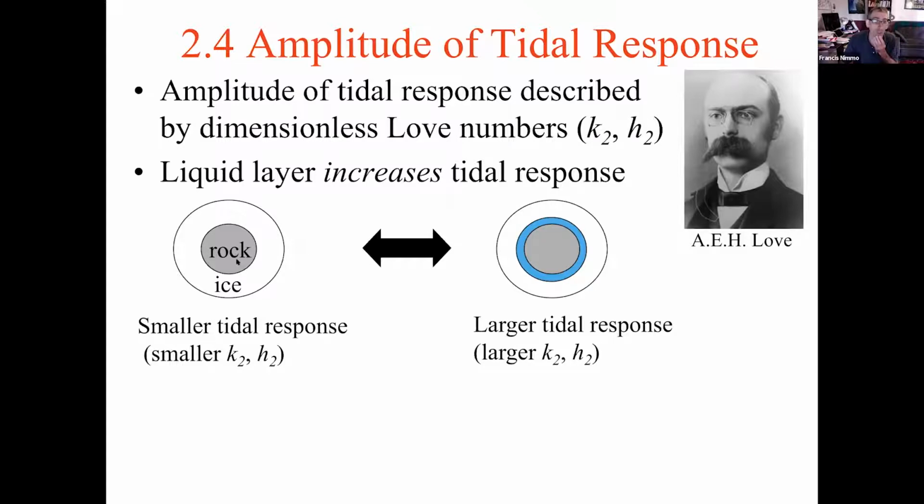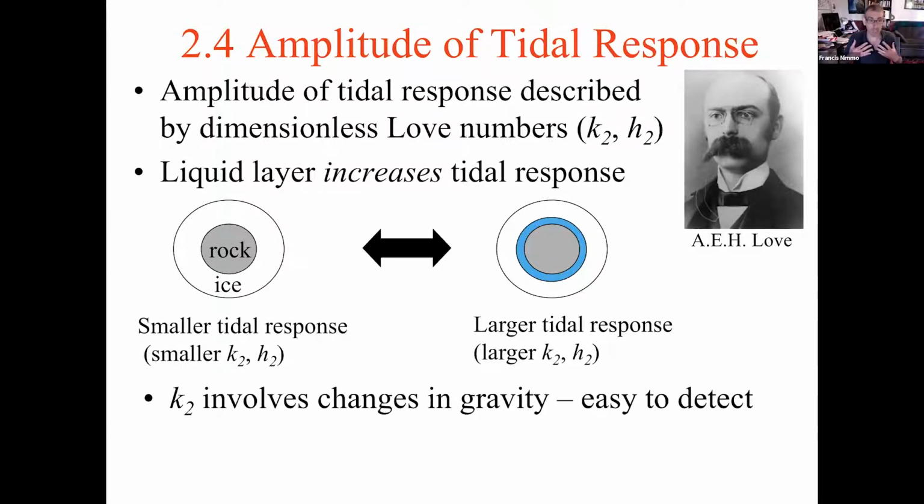The important point again is that if you have, for instance, a rock layer bound to the ice, then it won't deform very much. Whereas if you put a decoupling ocean in between the rock and the ice, the shell will deform much more, and so it will have larger Love numbers. And so by measuring the Love numbers, you can tell whether or not you have a subsurface ocean.